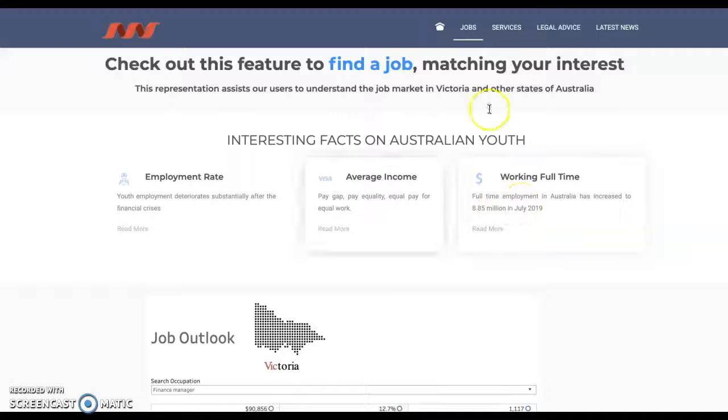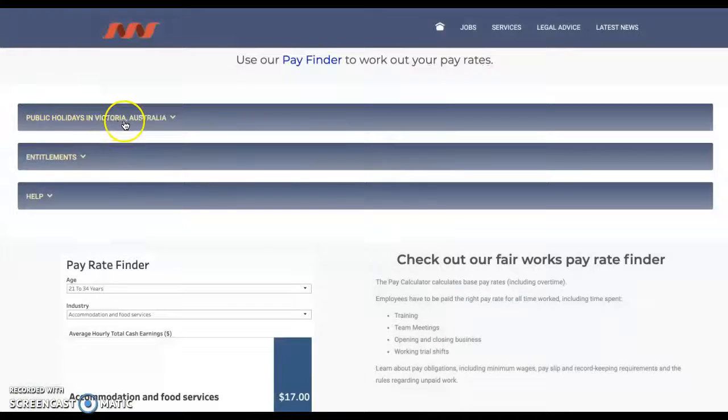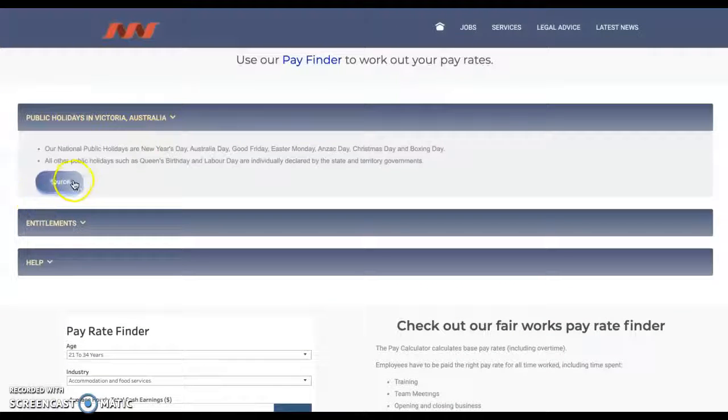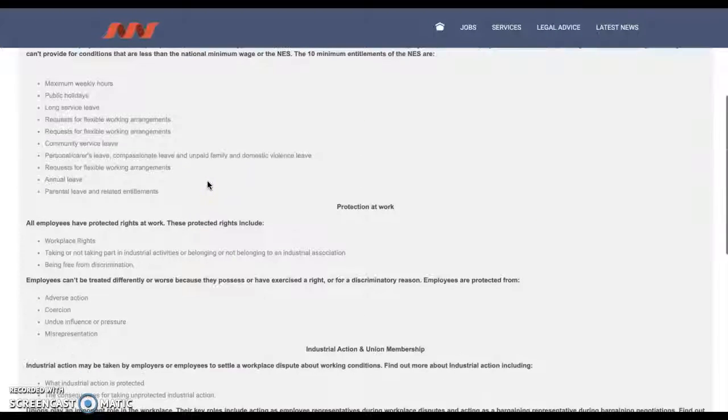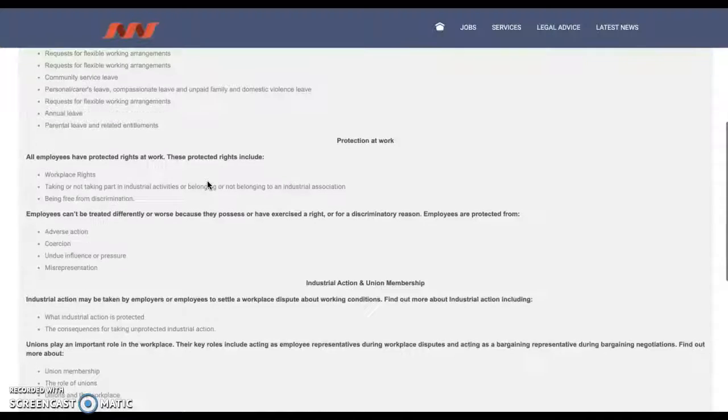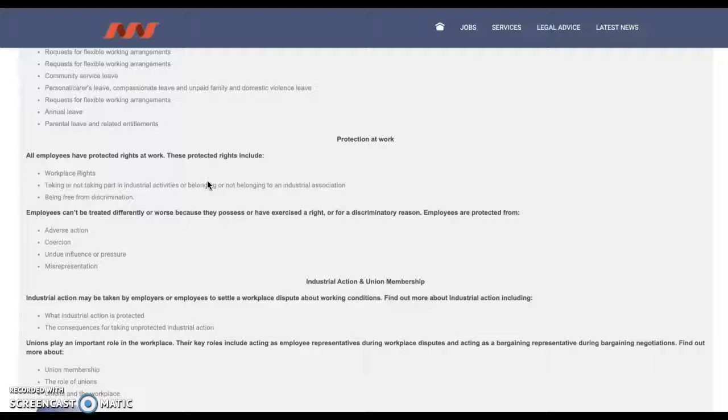Good. The page of service. Protection and destruction.